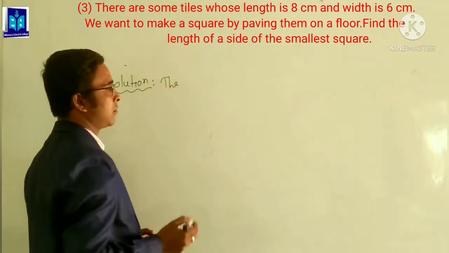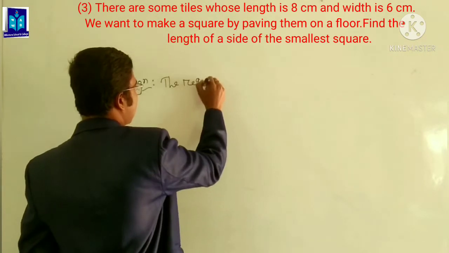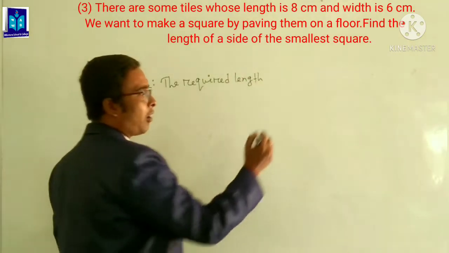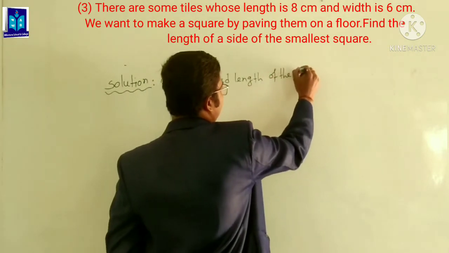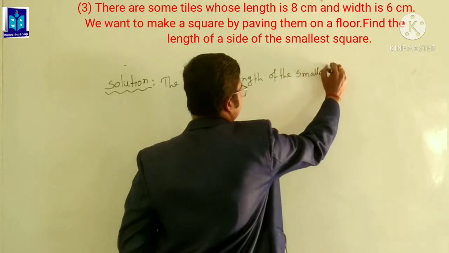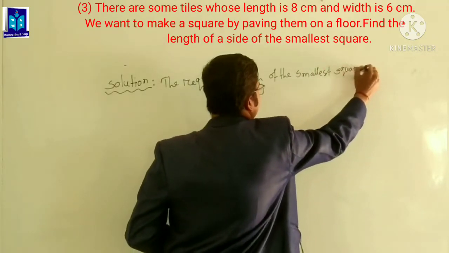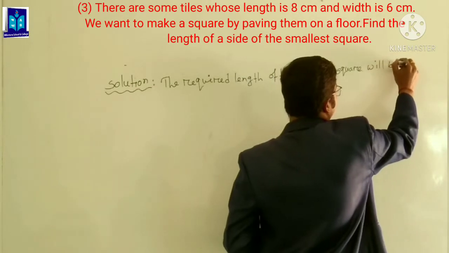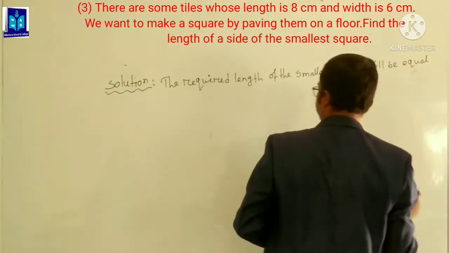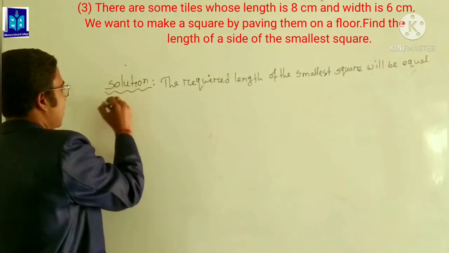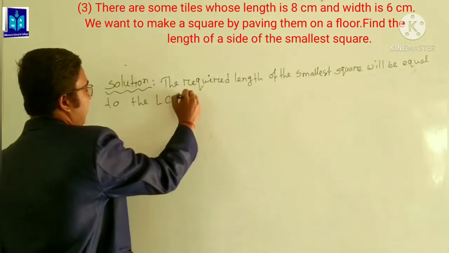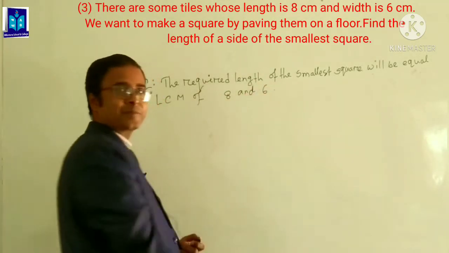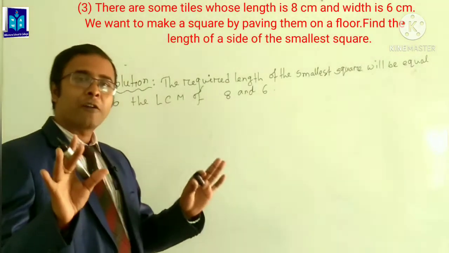The required length of the smallest square will be equal to the LCM of 8 and 6.